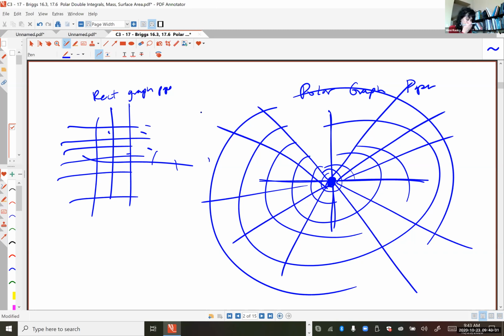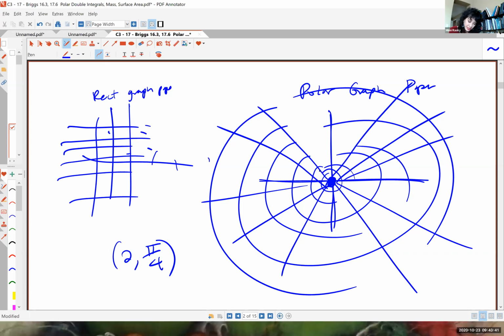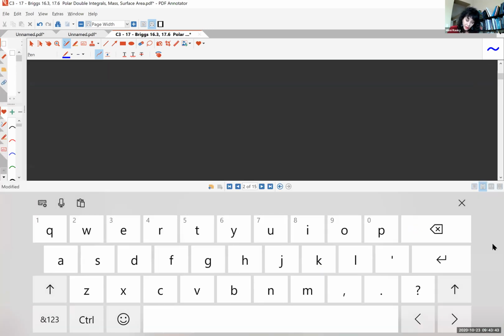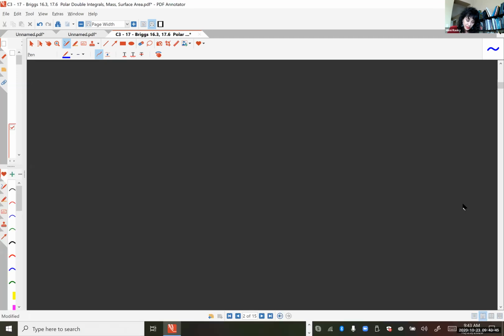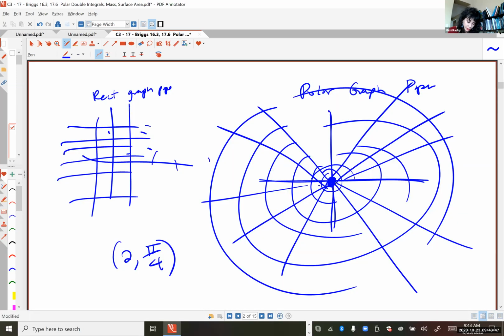So if somebody gives me the point (2, pi/4), and I'm supposed to find it here in the polar world, first I would find the circle of radius 2, because that's where I'm going to be sitting. Let's say this is the circle with radius 2, because it's 2 units away from the pole.